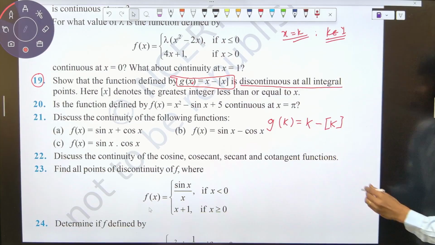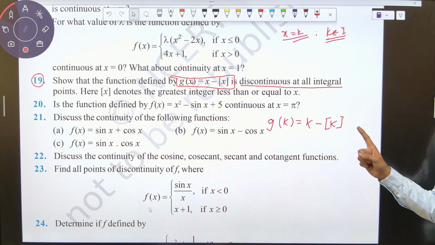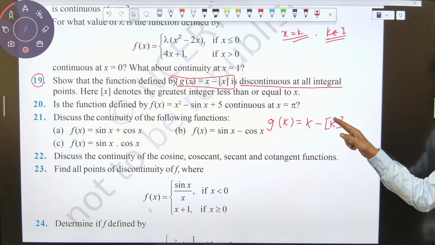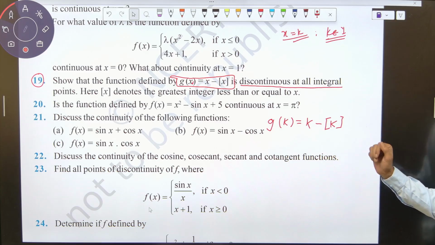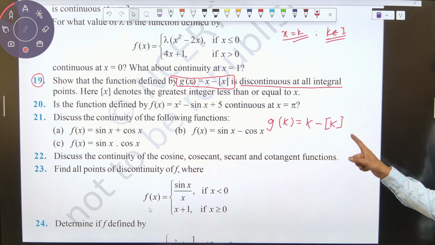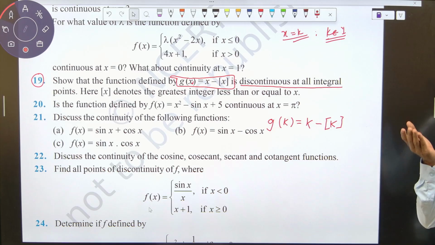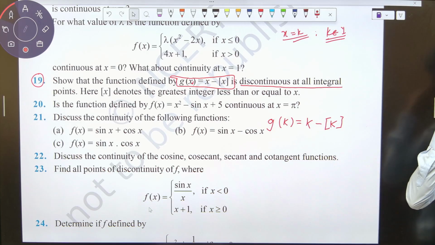Tell me, k is an integer. Vaishnavi, understood? Let's say 2. So 2 minus greatest integer of 2. What will be the greatest integer of 2? 2. So 2 minus 2. So any integer minus its greatest integer is 0. 3 minus greatest integer of 3 is 0.